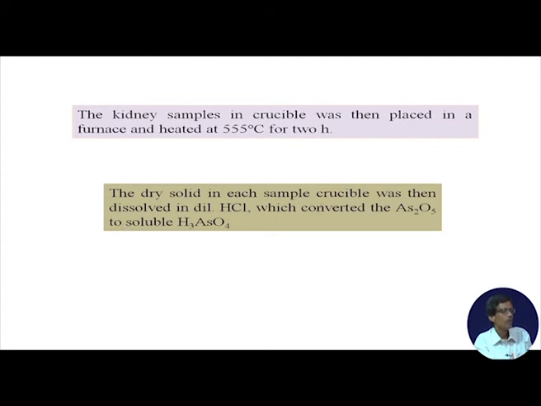We cool the crucible and dissolve the sample with dilute HCl. Dilute hydrochloric acid will react directly with this oxide to give soluble H3AsO4, the corresponding acid of arsenic in the pentavalent state.